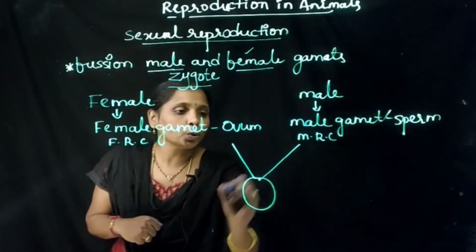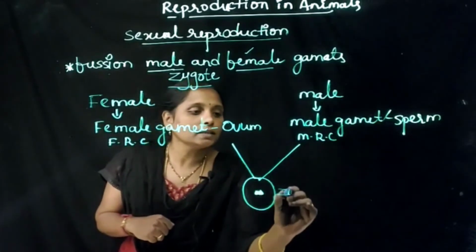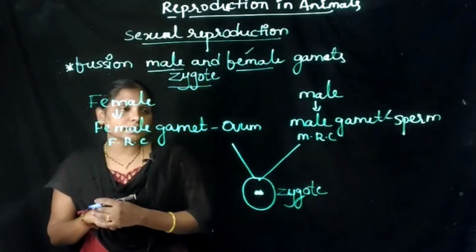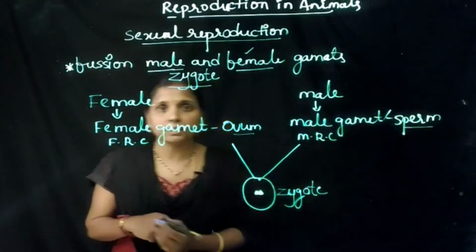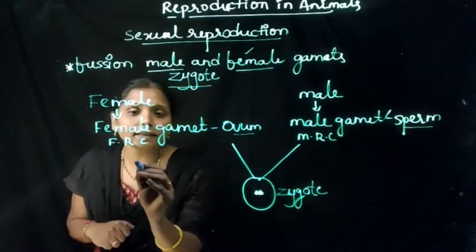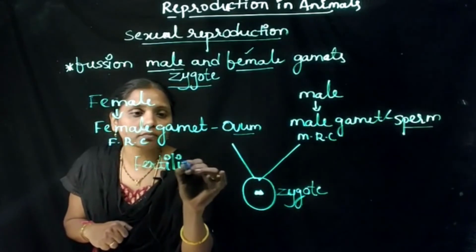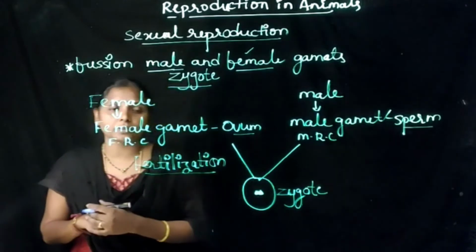Then these two fuse and form the zygote. This fusion of the ovum and sperm is scientifically termed fertilization.